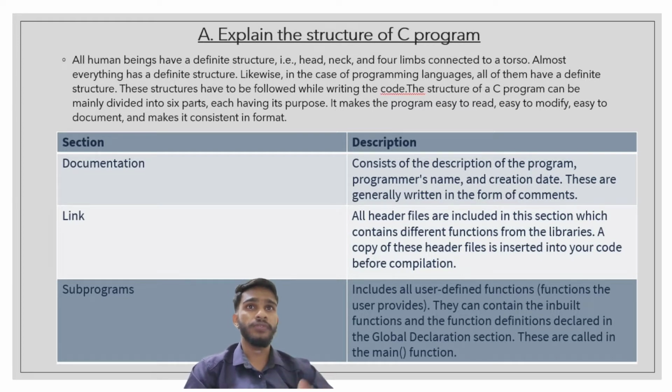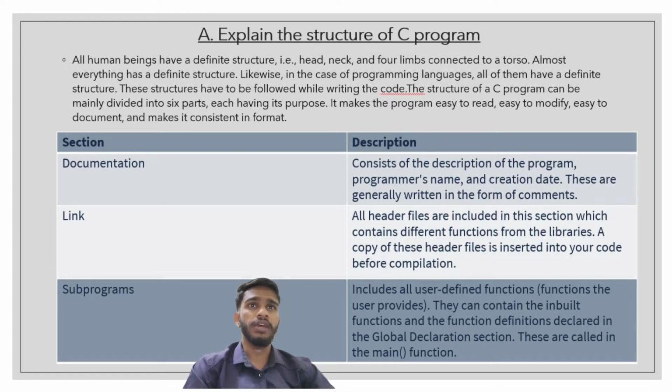All human beings have a defined structure, for example head, neck and 4 limbs connected to a torso. Almost everything has a defined structure like this. In the case of programming language, all of them have a defined structure.